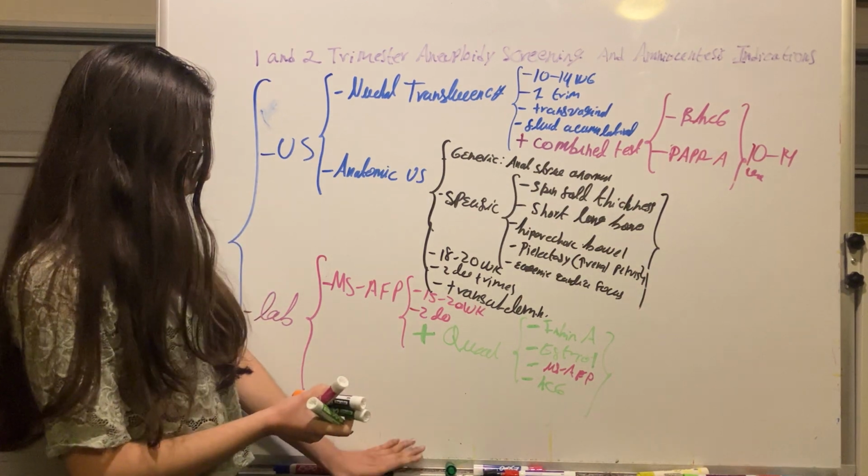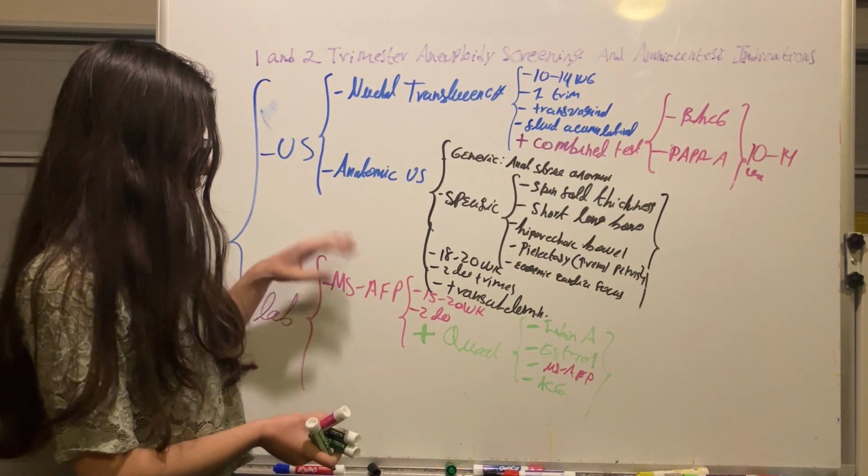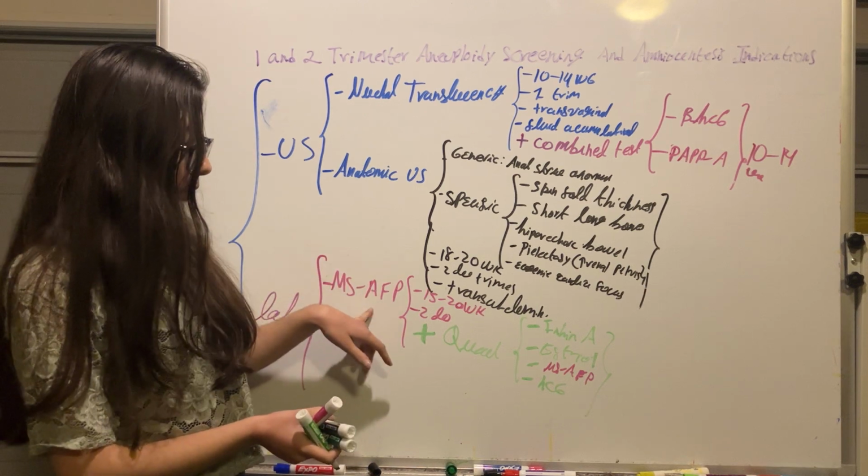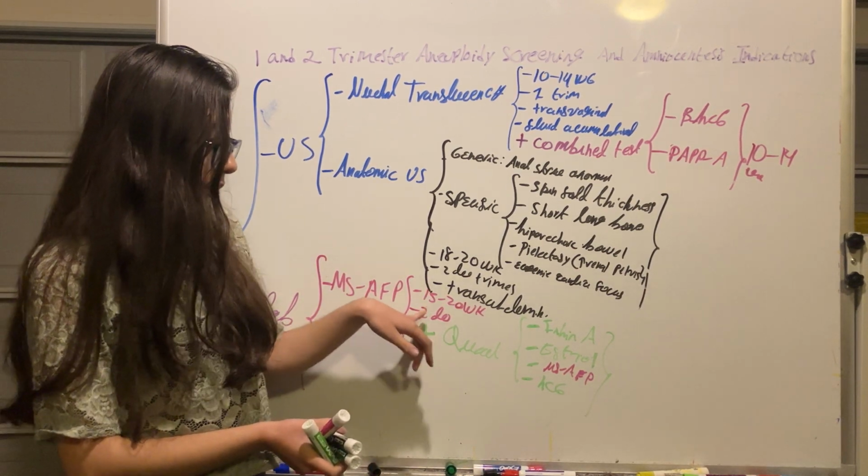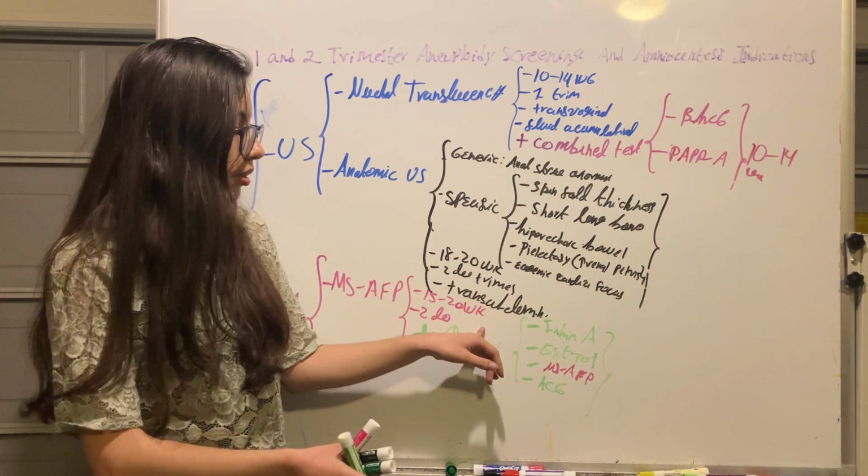So we can have a clue for aneuploidy just measuring maternal serum alpha fetoprotein, which is done between 15 to 20 weeks gestation.